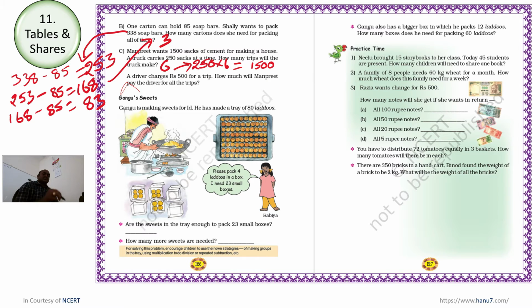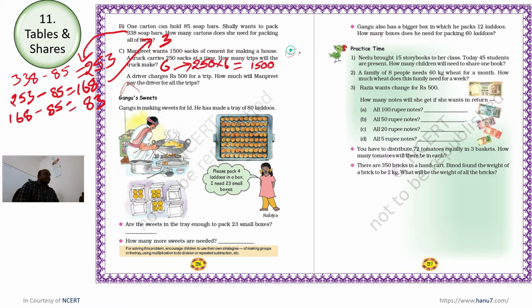Like that also, if you do it, it will be 6 times. So the number of trips required is 6. You can calculate either by using multiplication or by using the repeated subtraction method. The repeated subtraction method is simple, but I am following the multiplication method here.